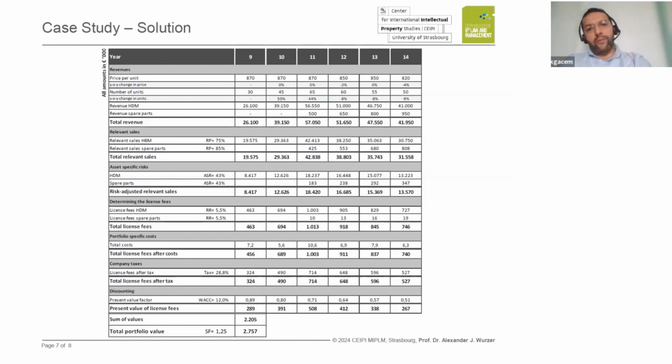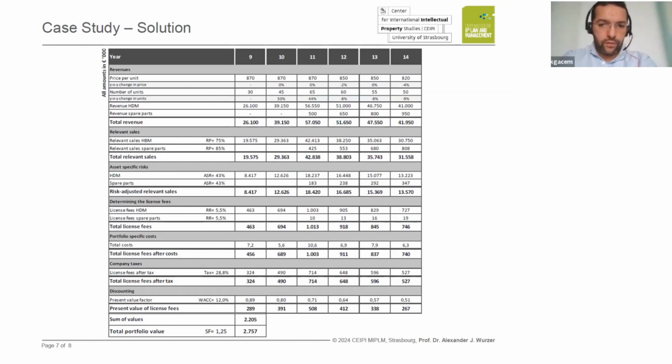And then we apply the risk factor that is calculated to be 43% to obtain the risk-adjusted relevant sales ranging from 8,117 to 13,570. And after that, we calculated the total license fees by applying the royalty rate that is calculated to be 5.5%.